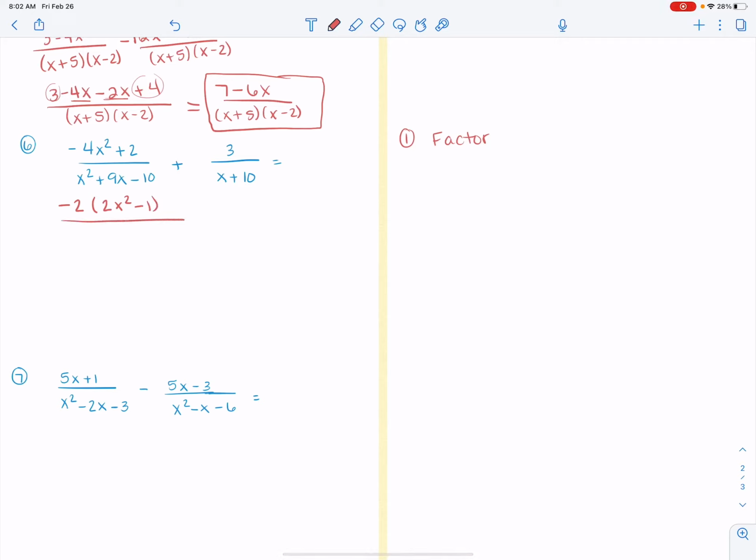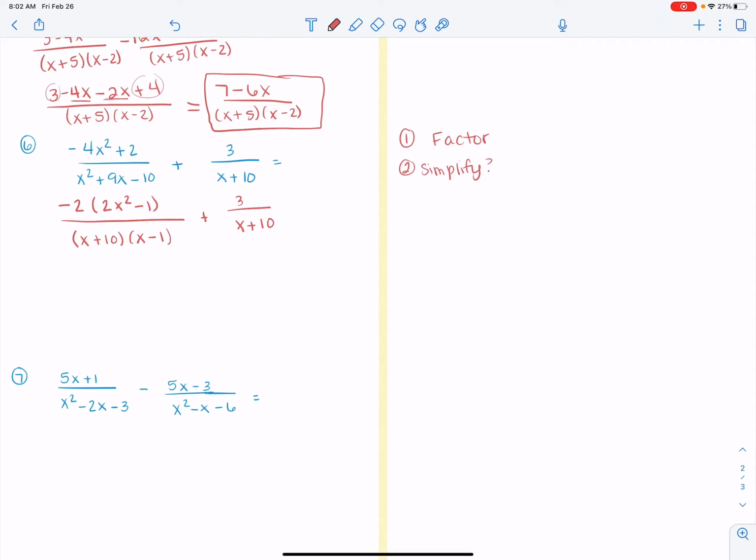On the denominator, x squared plus 9x minus 10 factors to (x plus 10)(x minus 1), plus 3 over x plus 10. Okay, now, can you simplify either fraction?